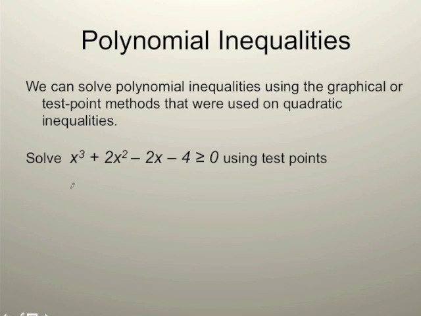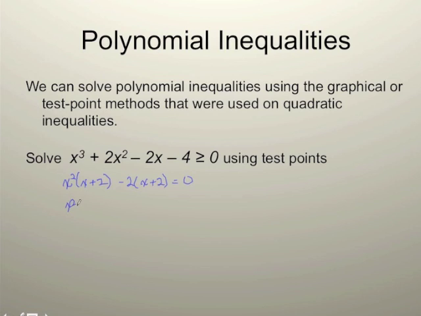Trying this one more time with a little more complicated one. Ooh, I think I can factor this with an x squared times x plus 2, and then I can take out a negative 2 times x plus 2 equals 0.